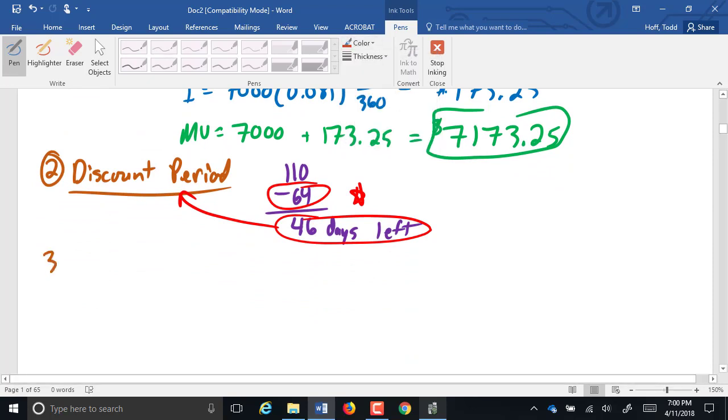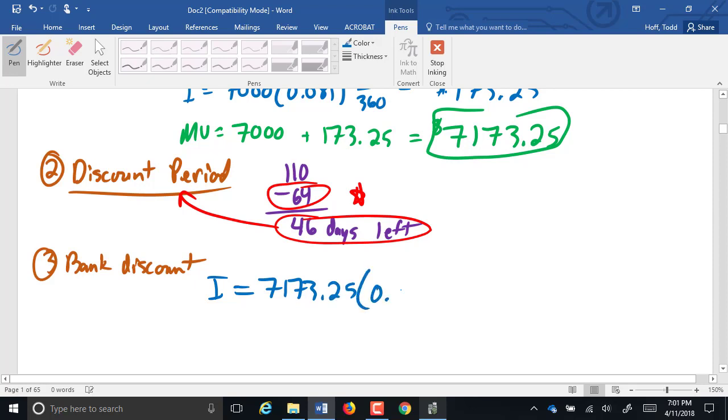What is step 3? Bank discount. And we do that by, perfect. The maturity value of that original note is our face value for the discount note.